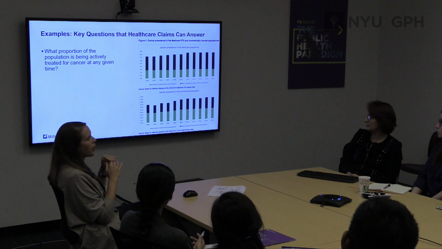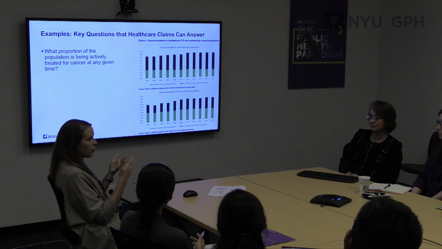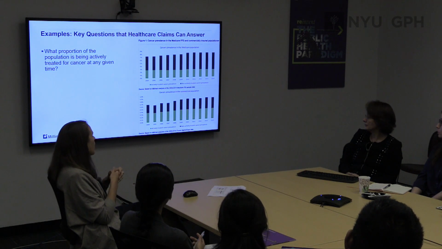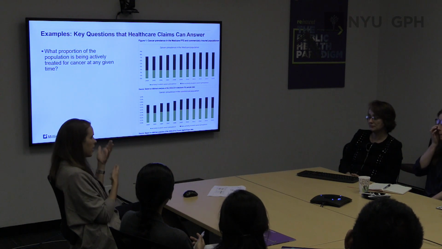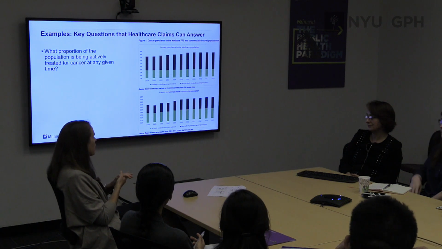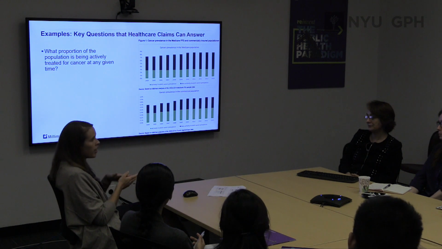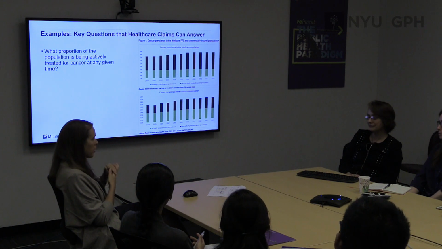But the amount of people who have cancer that's not being treated has increased. Typically those are people who were cured, or they're in remission and they don't require active treatment. You can't necessarily infer that; that's an inference we're making. All we know from this graph is the percentage of people who have a cancer diagnosis is going up, and the percentage of people being treated for it is lower.